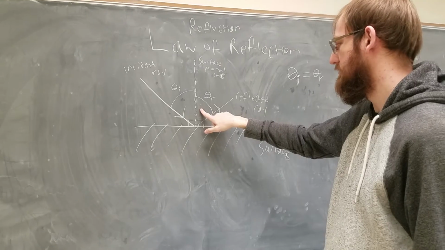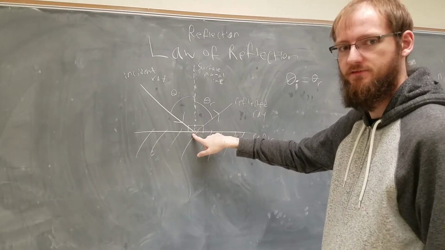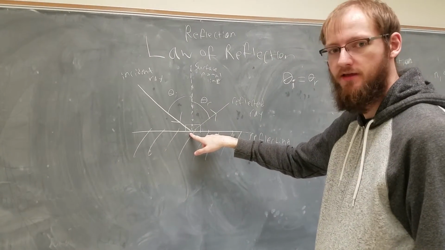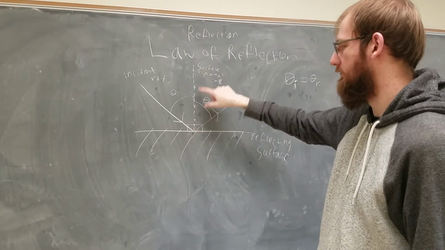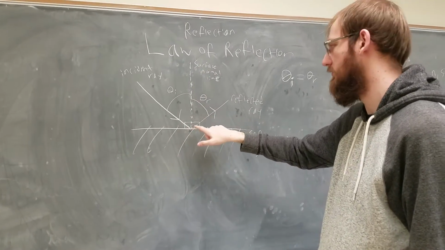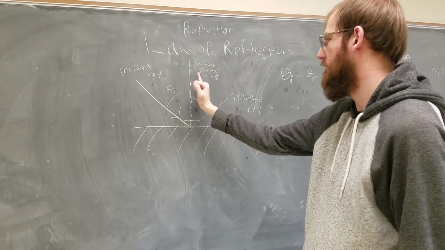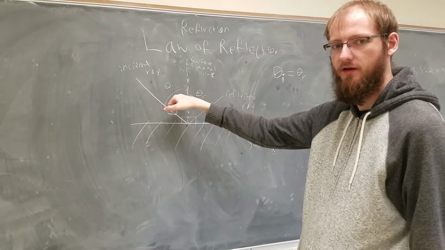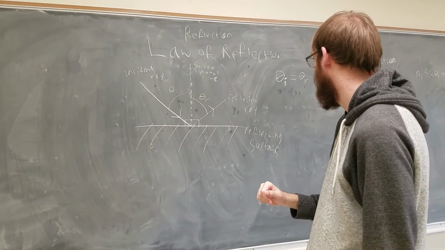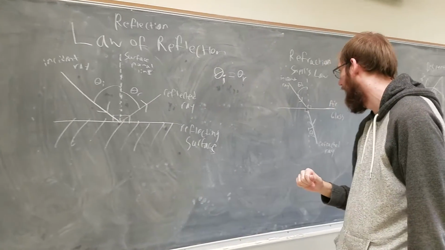What matters is at whatever point on the surface the light ray impacts, you draw a line that is normal, so 90 degrees to that surface. And from that normal line onto the ray is the angle that the law of reflection is referring to.